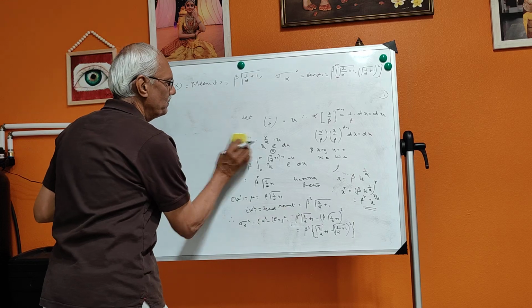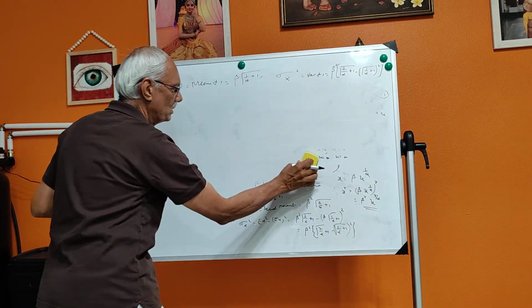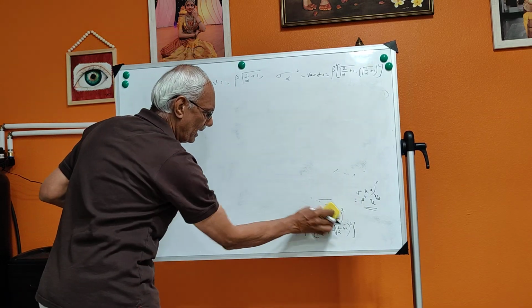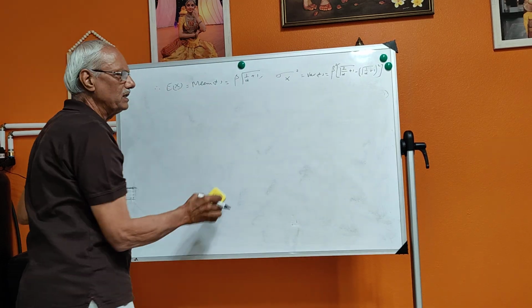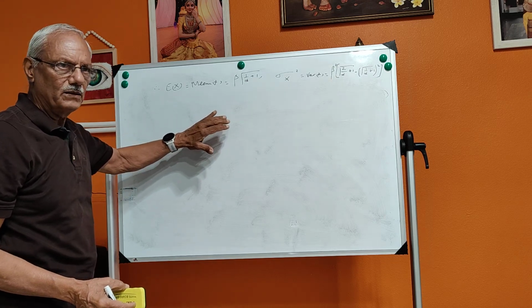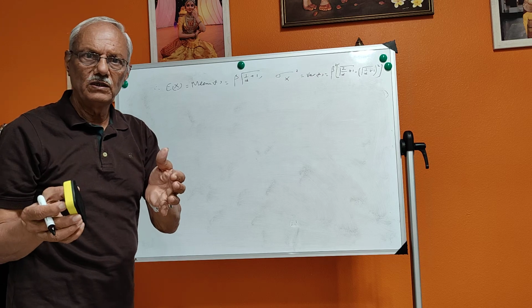Now let me explain how the problems are done in this. I told you that this is mainly applied for finding the reliability, longevity and durability of components. So I have told you what a Weibull distribution is.